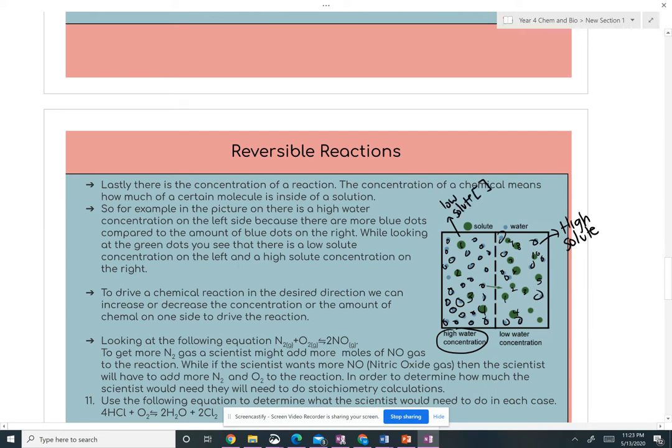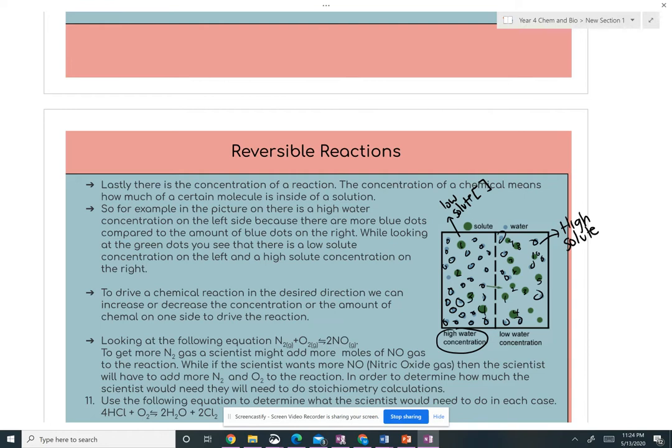And concentration is sometimes noted like that, with 2 brackets. Again, it's comparing it to one another, right? I'm comparing it to the water. I can compare it to the other solute. But you have to remember that solute concentration ultimately is relative to one another.